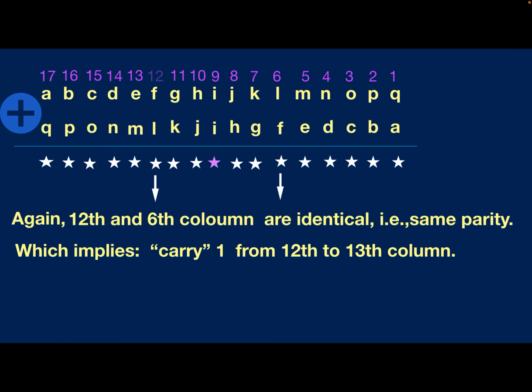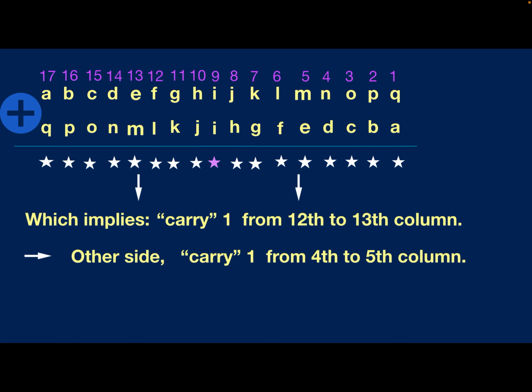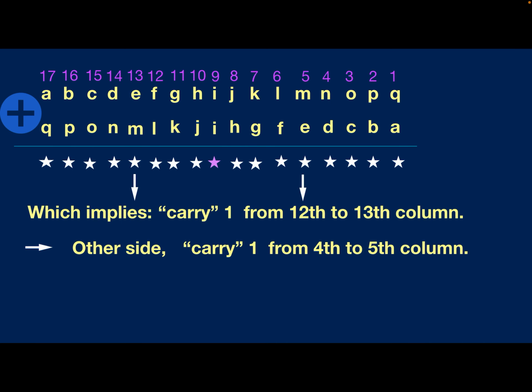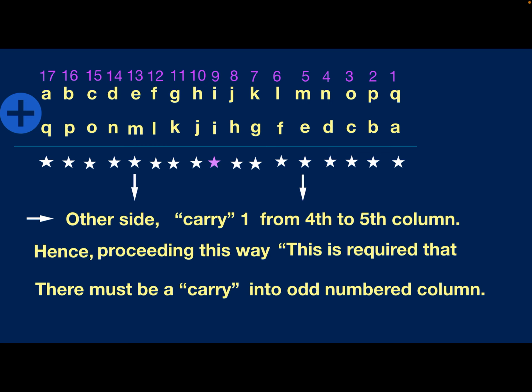We can come to the conclusion that if we proceed in this way, then just as there is a carry from the 12th column to the 13th column, on another side there is a carry from the 4th column to the 5th column. So hence, there must be a carry into any odd numbered column, everywhere.